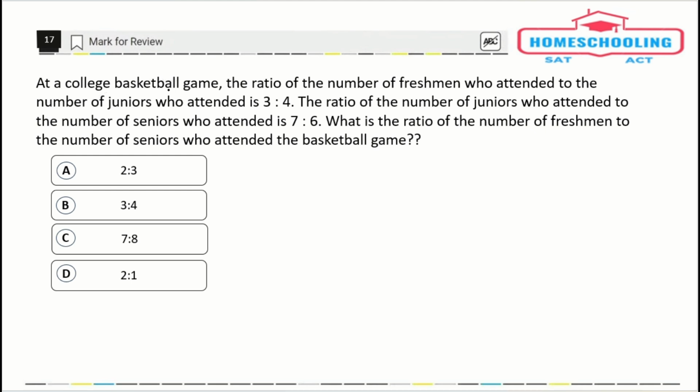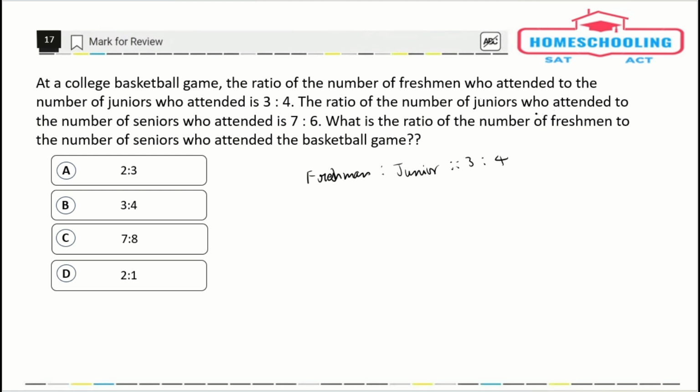At a college basketball game, the ratio of the number of freshmen who attended to the number of juniors attended, freshman to junior, is 3 is to 4.